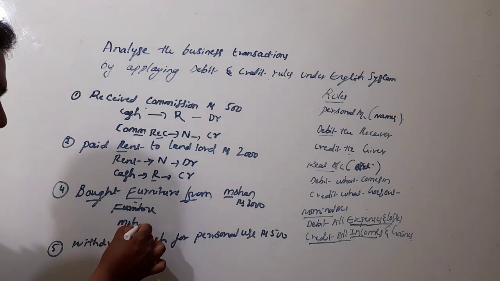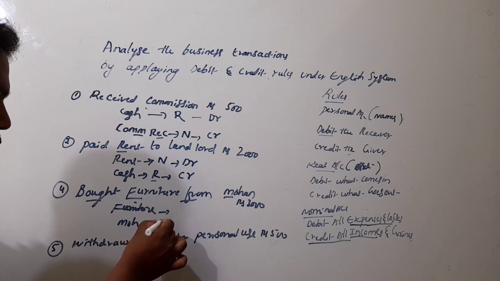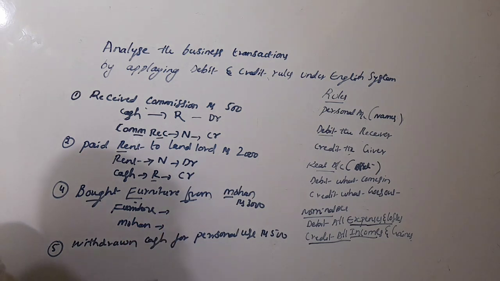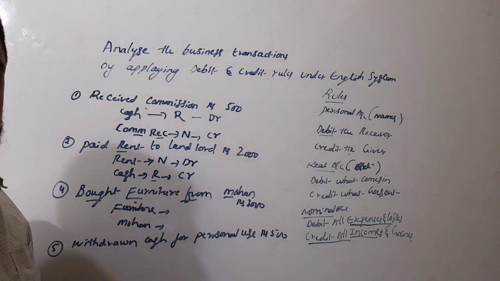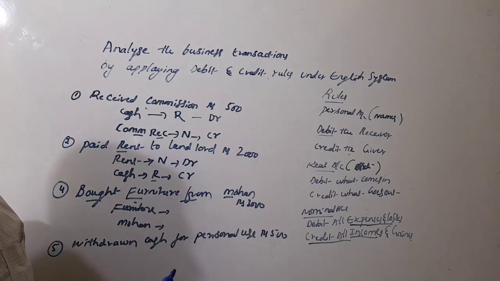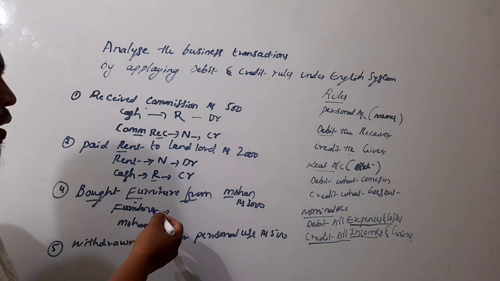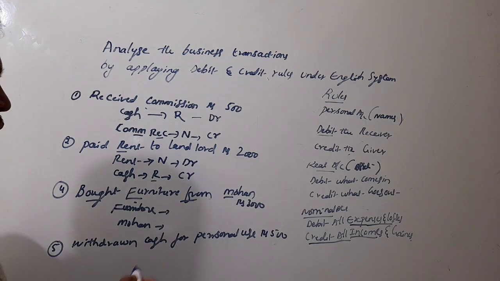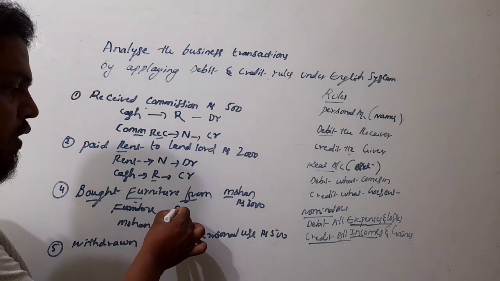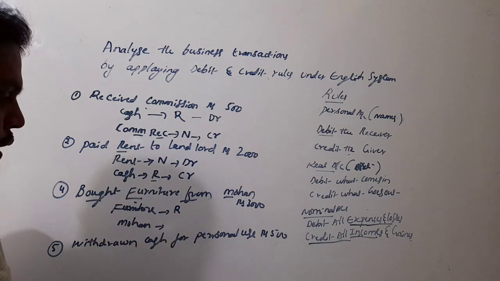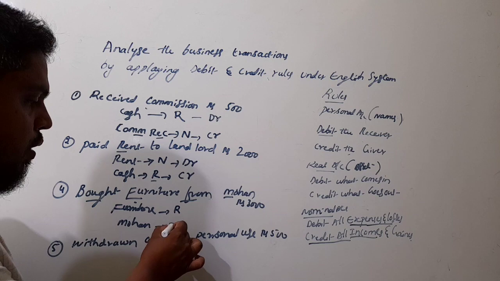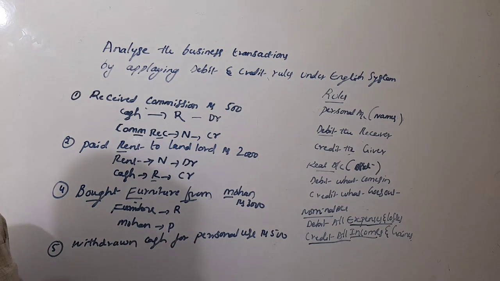We bought furniture from Mohan on credit, we are not settling the amount to Mohan now. In future, we will pay the amount to Mohan. Furniture is an asset and comes under real account. Mohan comes under a personal account.